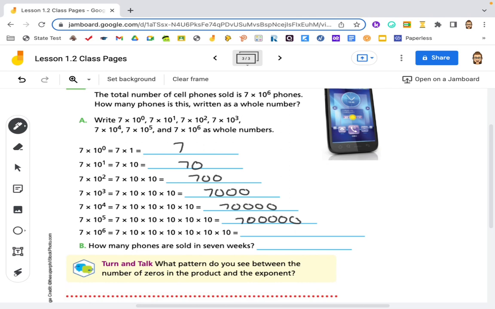So we're going to get 700,000. And then 7 times 10 to the sixth power, or 7 times 10 times 10 times 10 times 10 times 10 times 10, is going to be 7 million. So how many phones are sold in 7 weeks? 7 million phones.